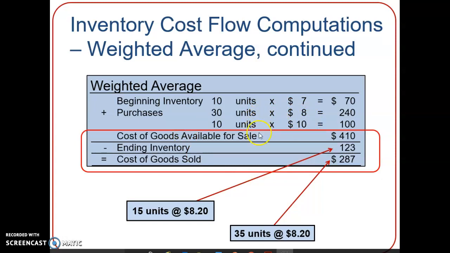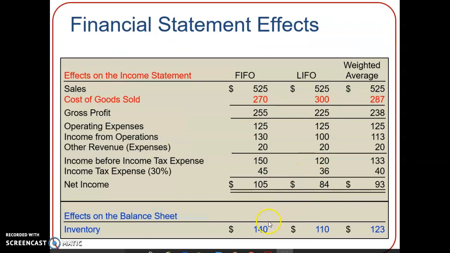For the same units, the unit price in the recent batch is higher than the unit price in the older batch. As a result, the ending inventory for FIFO is the highest, for the LIFO is the lowest, and then the weighted average is in between. Okay.